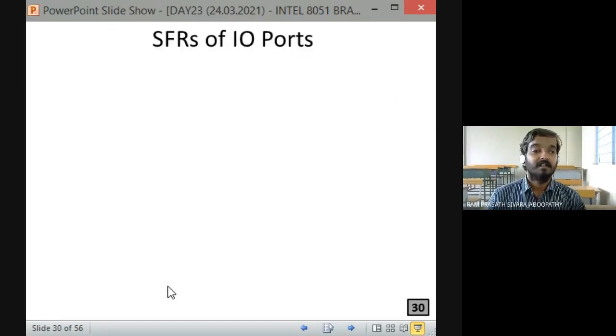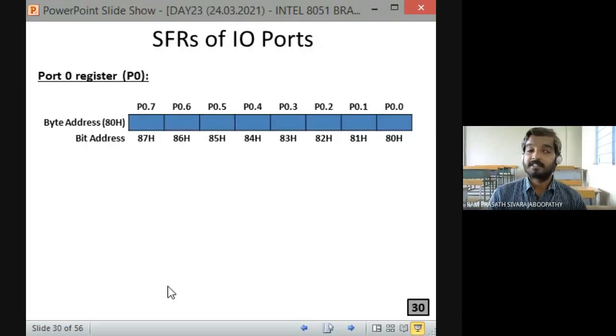Fine. So, SFRs of IO port, as we discussed earlier. For port 0, we have the P0 register. It is an 8-bit register. Each bit corresponds to an individual port pin.